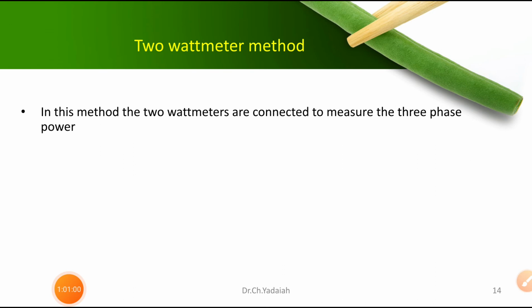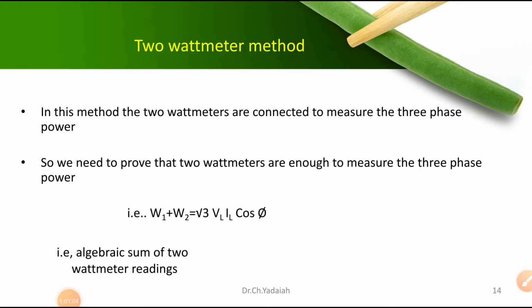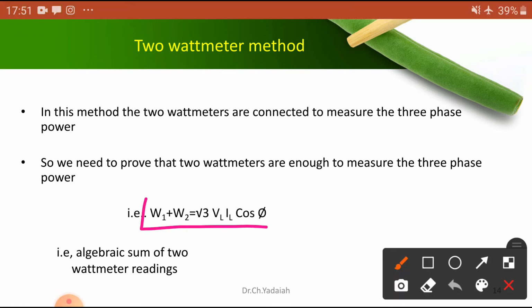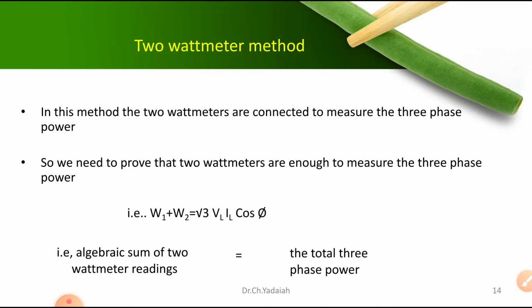Now see in this one. Same thing. What you have observed here, we have already seen. W1 plus W2 is equal to root 3 VL IL cos phi from the vector diagram. That indicates W1 plus W2, the algebraic sum of the two wattmeter readings, is equal to the total 3-phase power, that is root 3 VL IL cos phi.